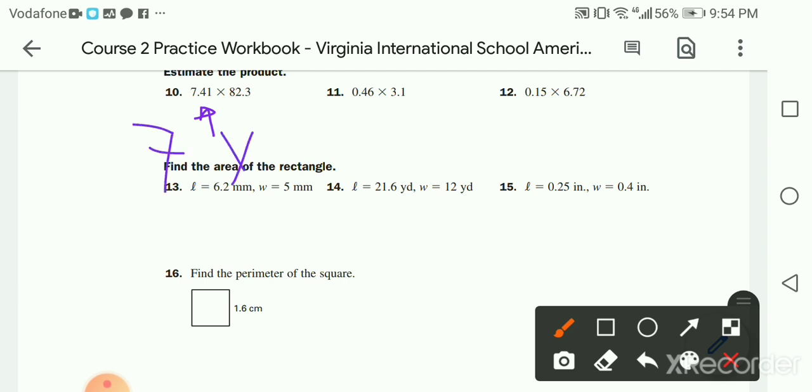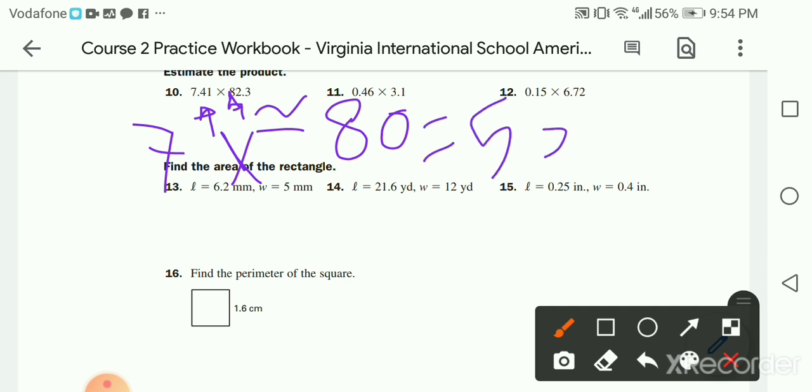Then we have 82.3. The 2 here is less than 5, so it will become 80. 7 times 80 gives me 560.